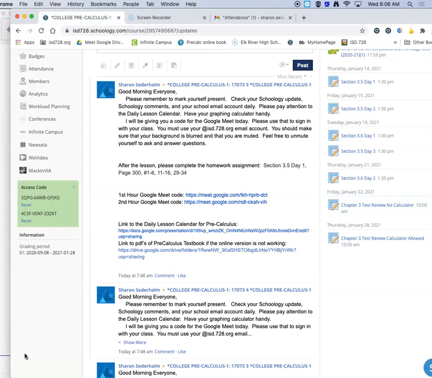If that's the case, somebody at the district office went ahead and made copies of each individual page in the pre-calculus book, if you can believe it. So now there's a link down here to the PDFs of the pre-calculus textbook, a backup in case you're trying to use the pre-calc textbook and it won't work. Again, it's all about money.